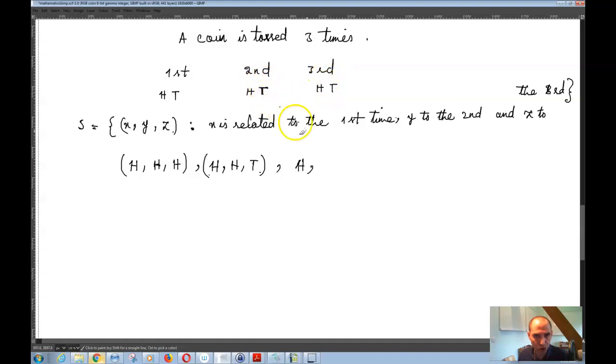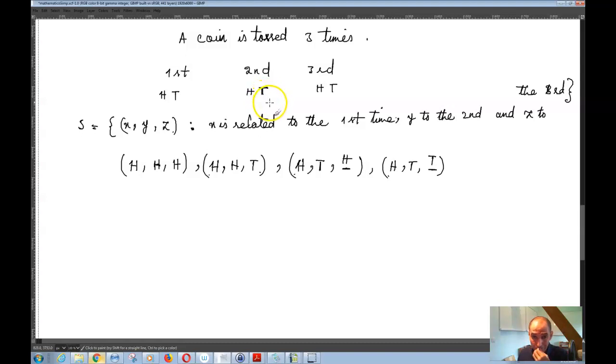So I want to switch here. I go for T, and then I get either heads or tails here, or I go for T, and then I get either heads or tails here. Then I can put heads here and tails here, and that would also be taken care of, right?